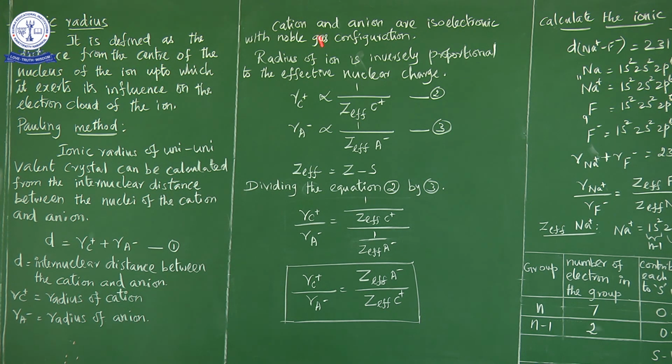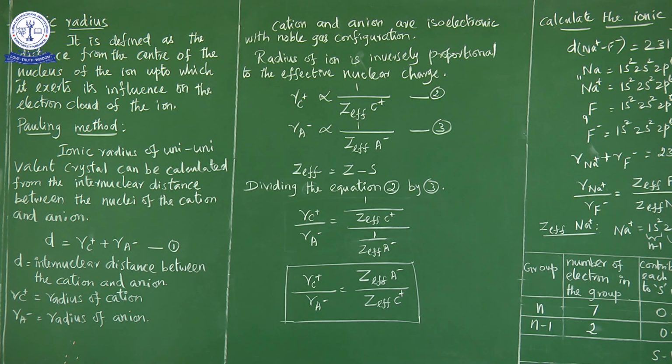So the radius of an ion is inversely proportional to the effective nuclear charge. The radius of both the cation and anion is inversely proportional to the effective nuclear charge. If the effective nuclear charge increases, the radius of the ion decreases. We have seen earlier the variation of atomic radii along the period and down the group, and we also saw the effective nuclear charge calculation there. As effective nuclear charge increases, the atomic radius decreases.